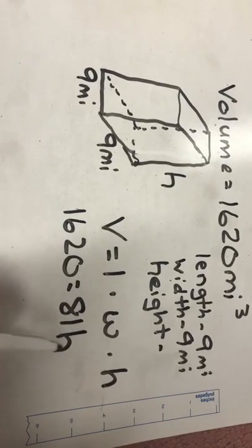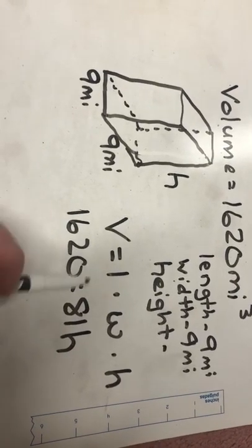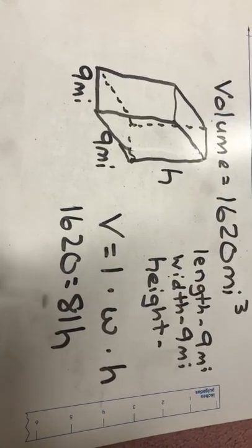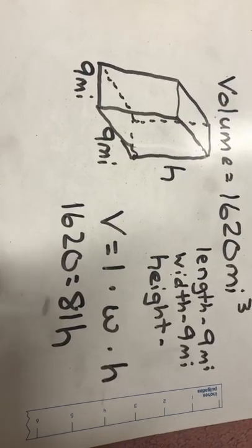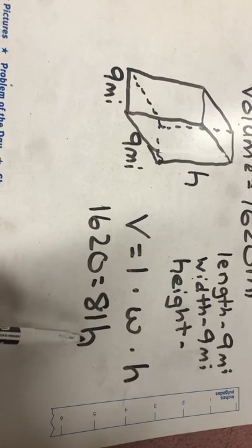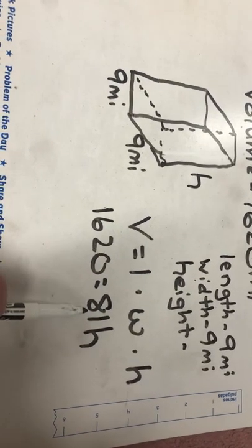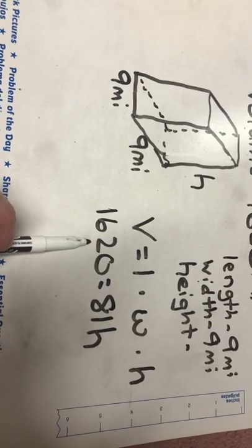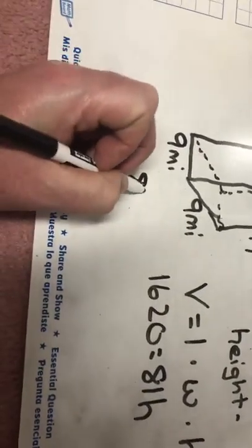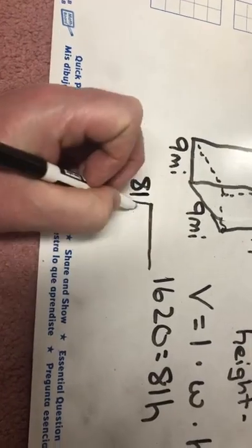If we were missing the width, we would make that a W. If we were missing the length, we'd make that an L or whatever variable we wanted to use. Now I'm back to an equation, which is why we did equations long before this. I know here to get H by itself, I got to divide this by 81, which means I'm dividing this by 81.